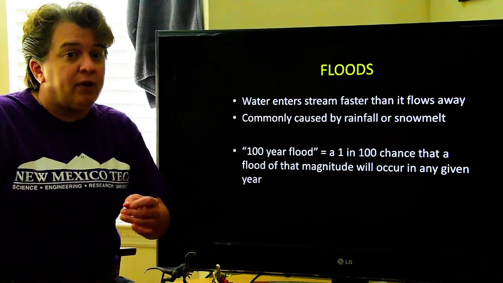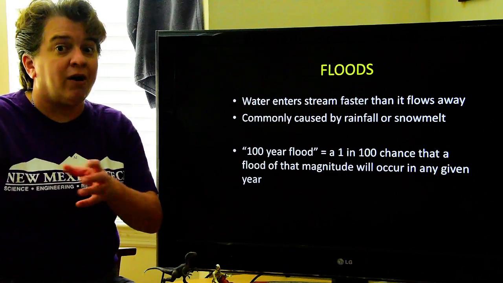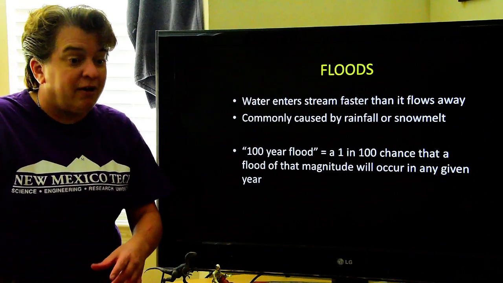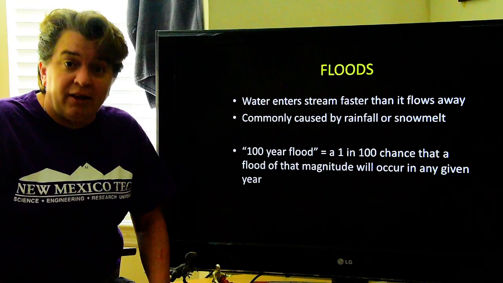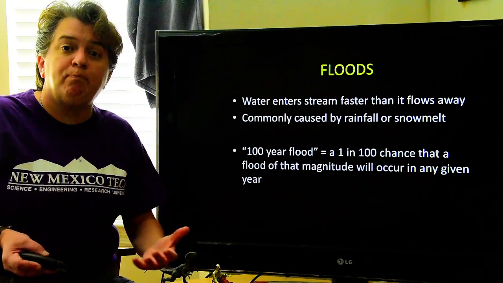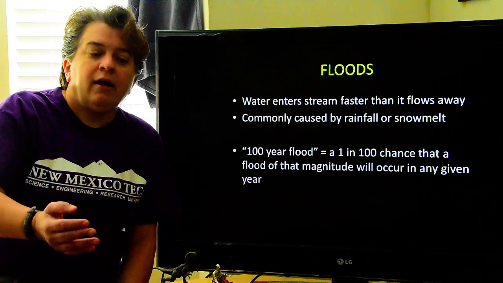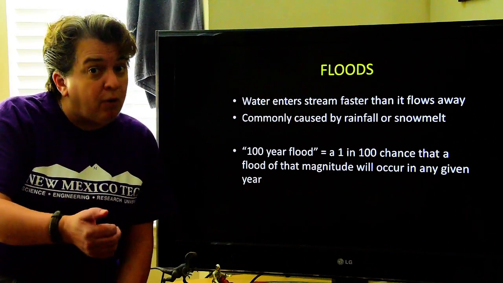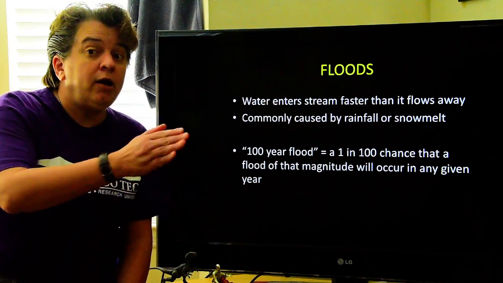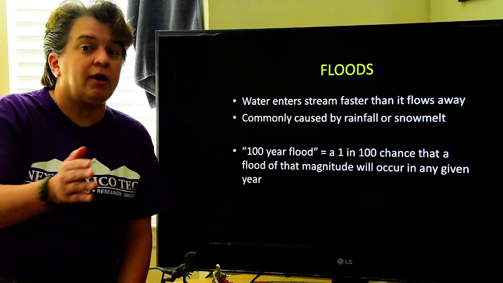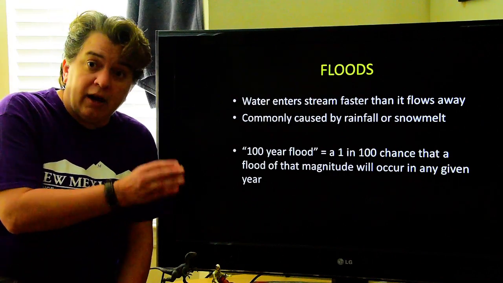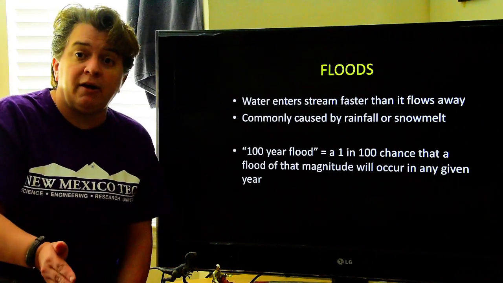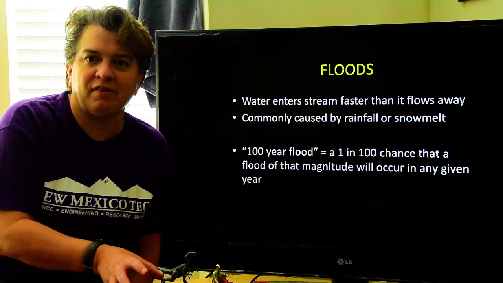This is why you can have two 100-year floods occur in back-to-back years, because it's a probability. It's sort of like if you flip a coin. You have a 1 in 2 chance that you're going to get heads. And just because you got heads on the first flip doesn't mean that you have to get tails on the second one.